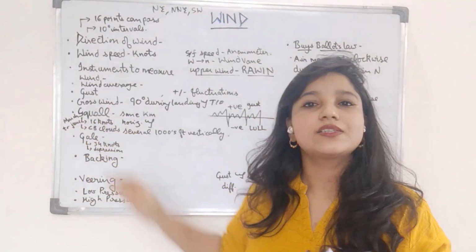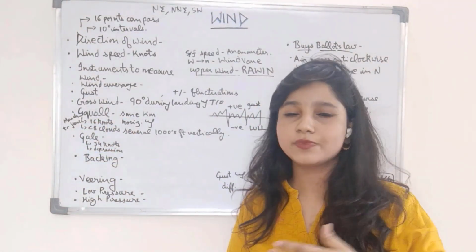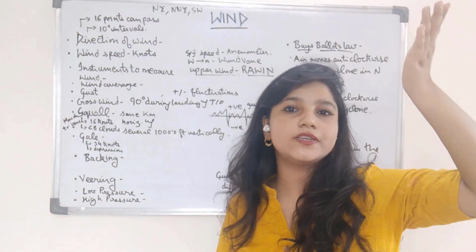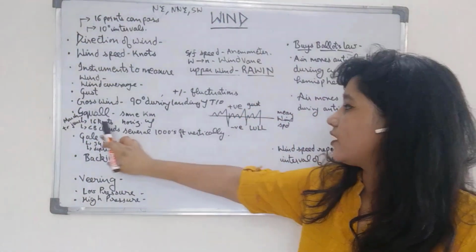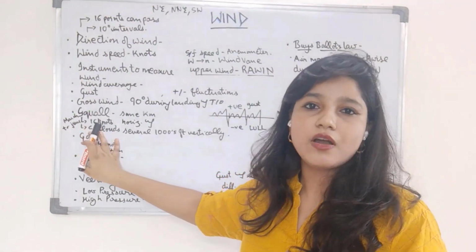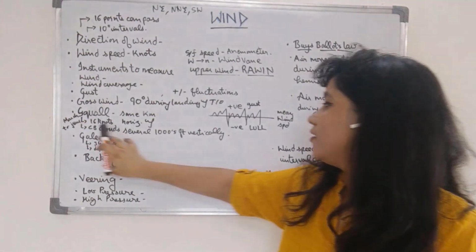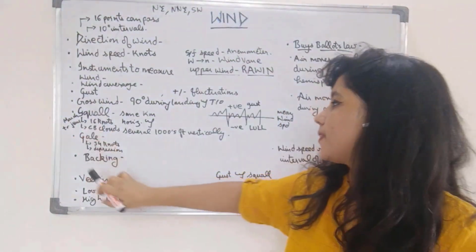Squall is spread some kilometers horizontally and several thousand feet vertically. If you don't know what CB clouds are, this is a very high density cloud and it has a lot of precipitation.